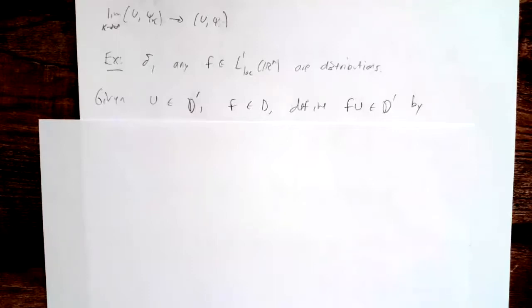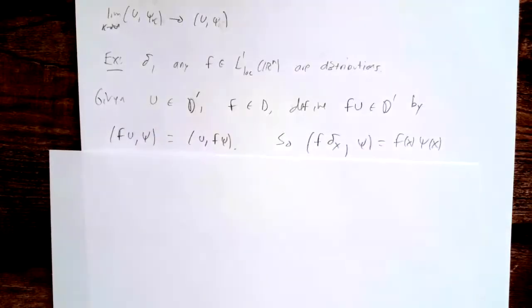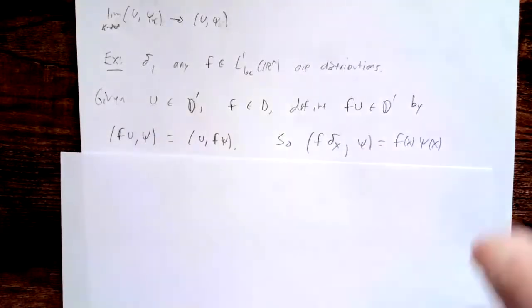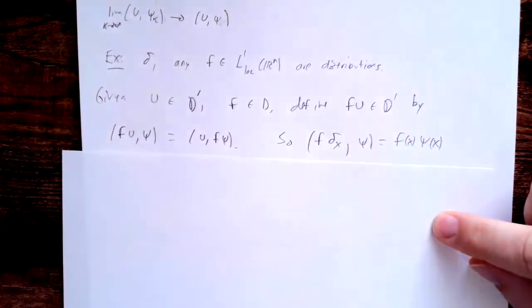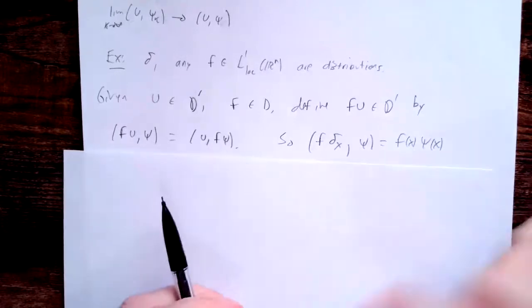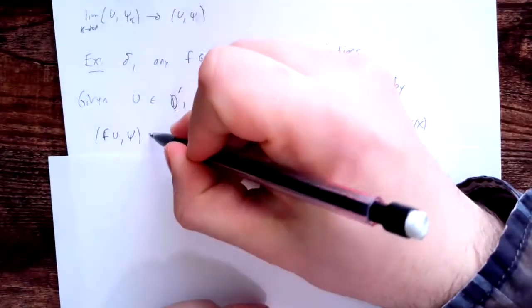So f times u is going to be a distribution. In what sense? Here's the definition. f times u, what distribution is that? If you apply it to a test function, it's going to be u applied to f times psi. So this really is a definition.